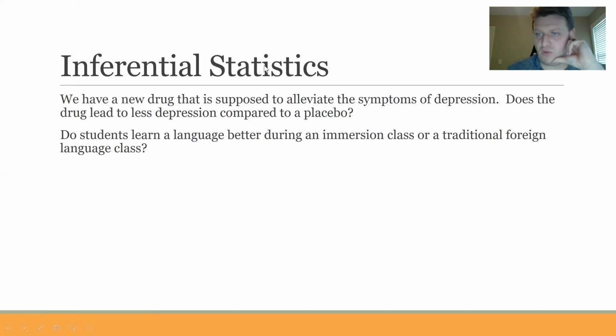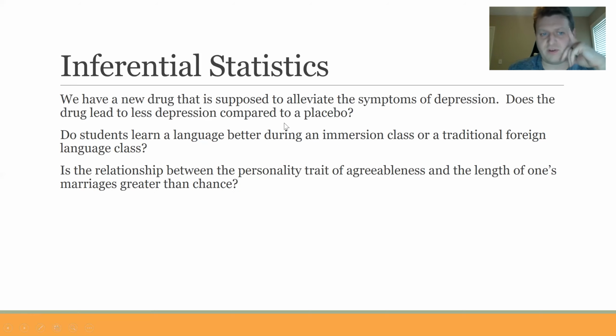Mean differences aren't the only thing that we care about with inferential statistics. We can do some other things. Maybe we look at a linear relationship, maybe with a correlation. Is there a relationship between the personality trait of agreeableness and the length of one's marriage? Or is this relationship so negligible that we can assume that it is zero in the population?